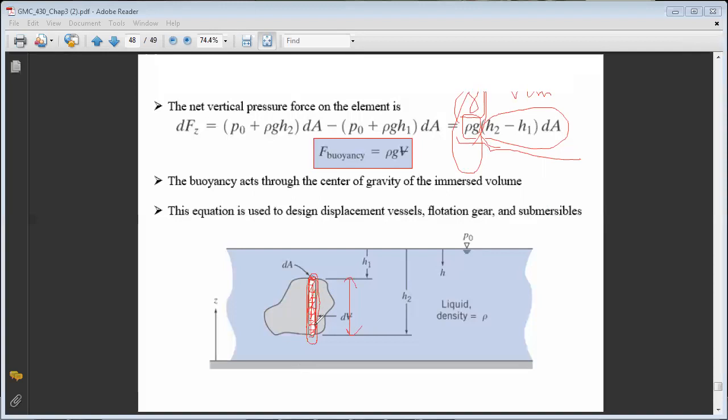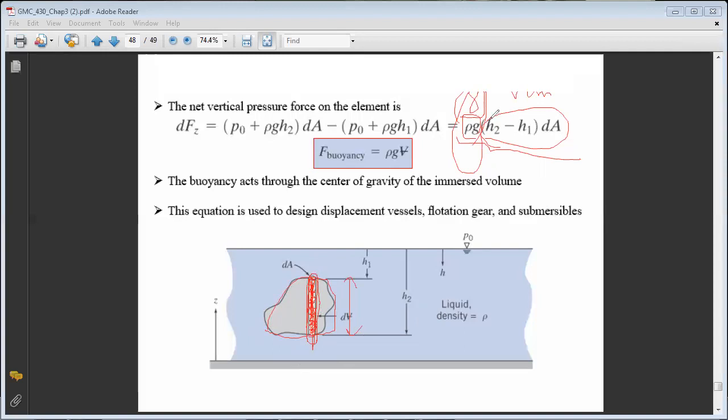It will represent the weight of the fluid for the same volume, which is called the displaced volume of fluid. When I multiply V displaced by gamma of fluid, I obtain the corresponding weight of fluid if it were filling this part, which is the part replaced by the body, because the body will occupy a certain volume of the fluid.